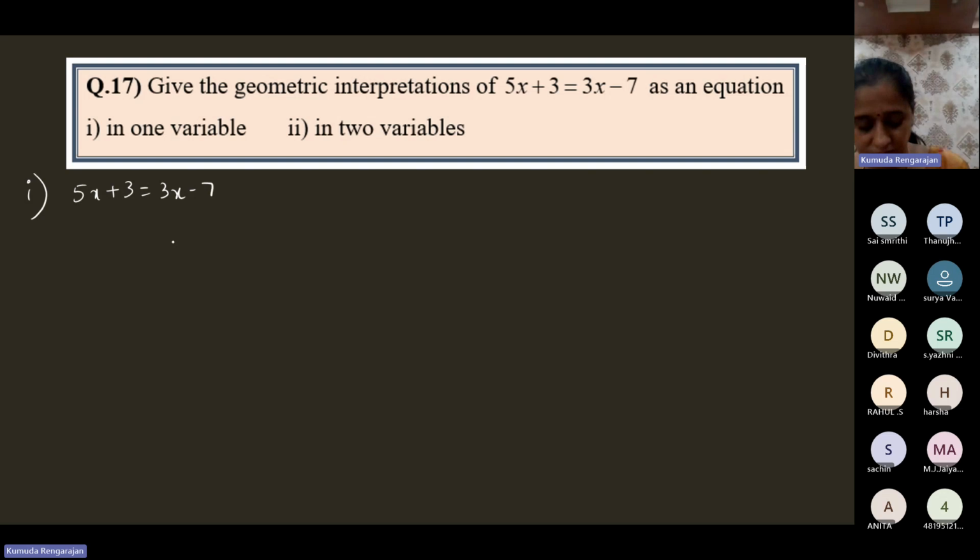First, solve this. Children, please solve for x. Why no response?